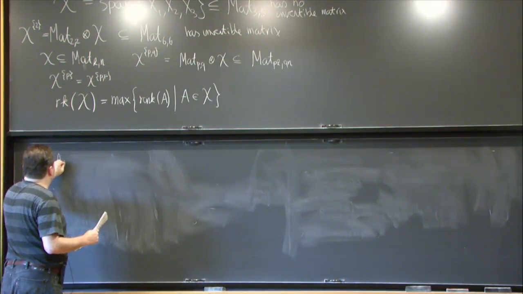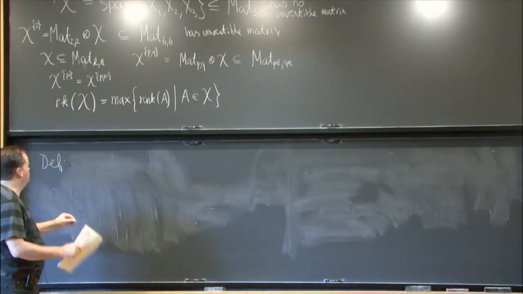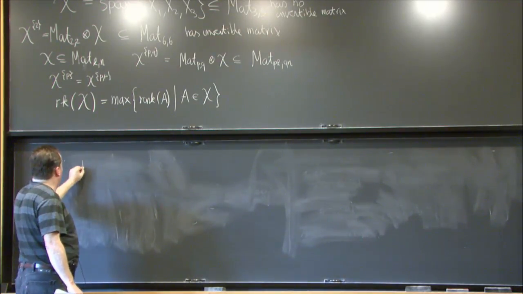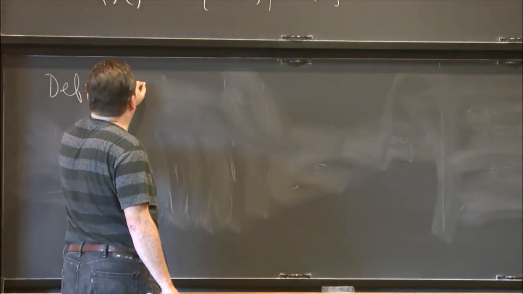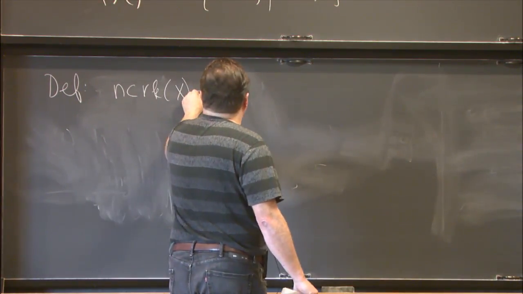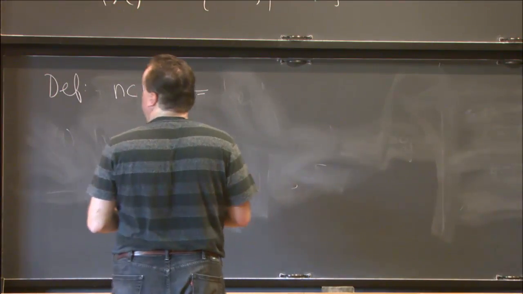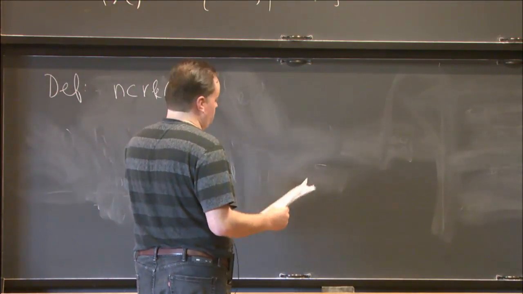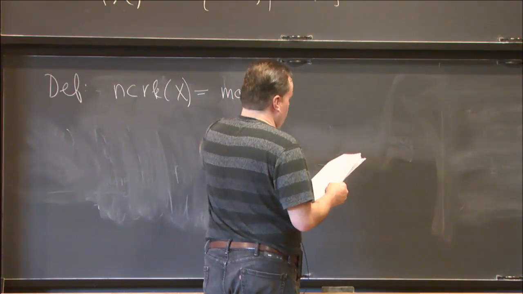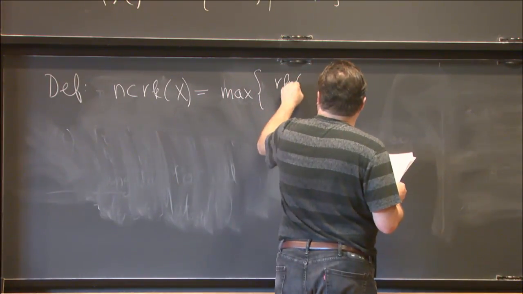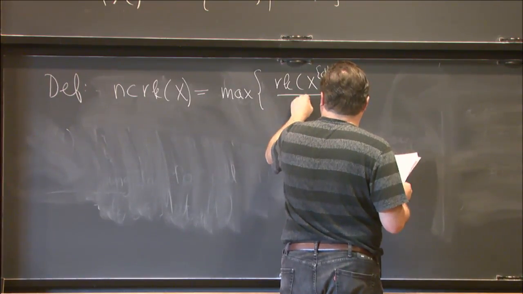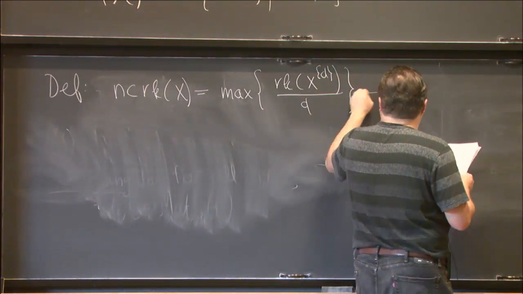So now we make the definition. We defined the rank of X, but now we also define the non-commutative rank of X. Here's one way of defining it, but there are different ways of defining it, and maybe it's not obvious that all these things are equivalent.